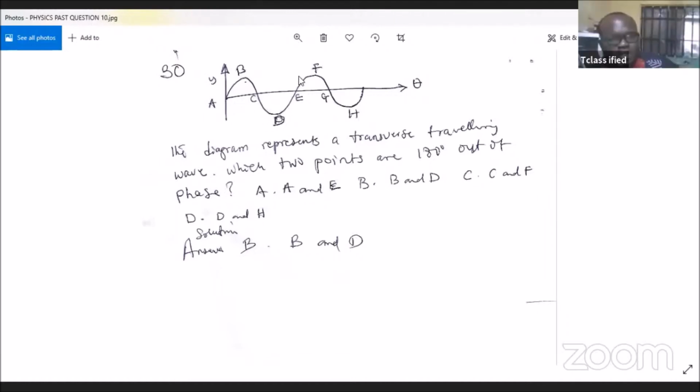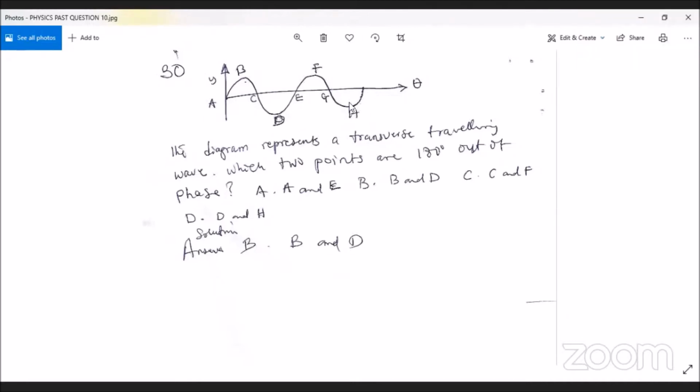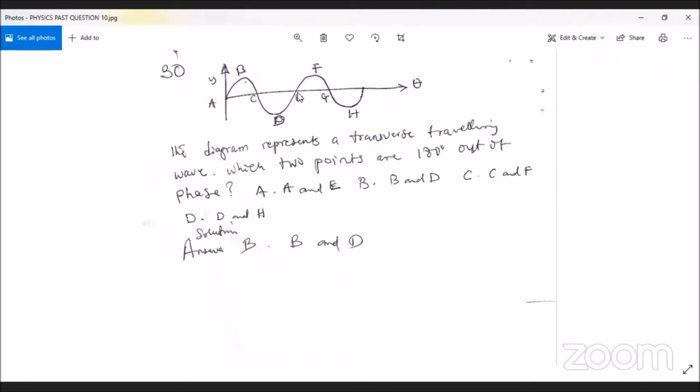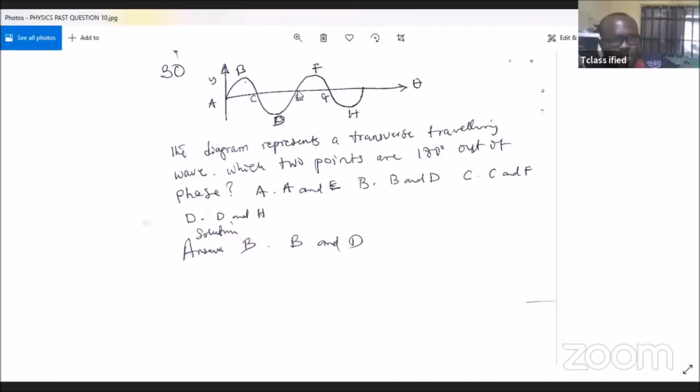Can you note the places where both of them are formed? Both of them are on the trough. So they are on the same phase. Can you see A and E? Yes, I can see. Good. They are also on similar points, just like these ones are on similar points.